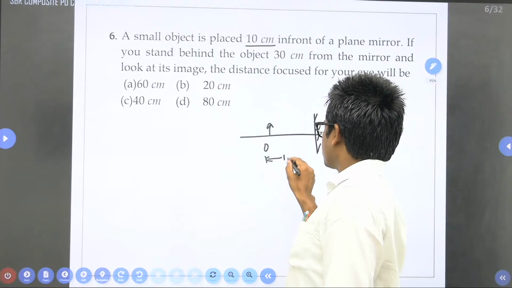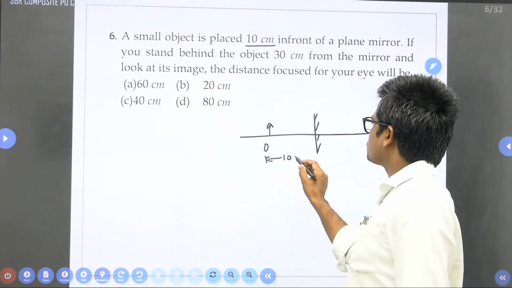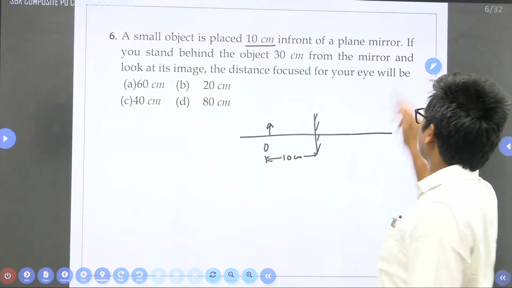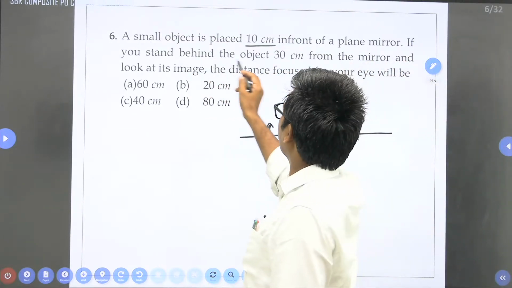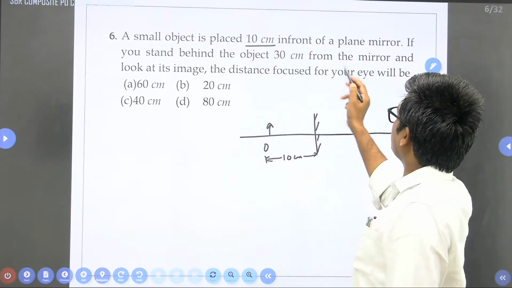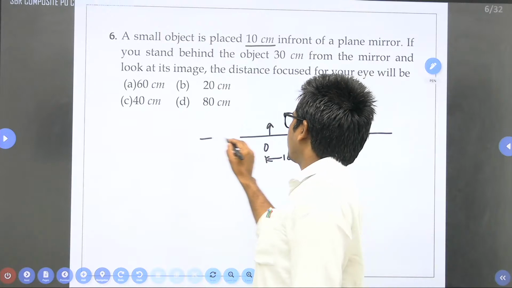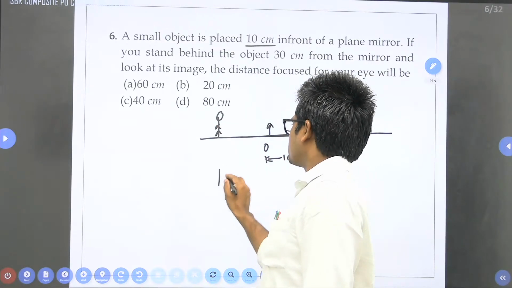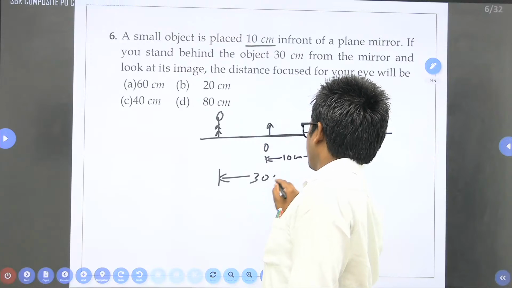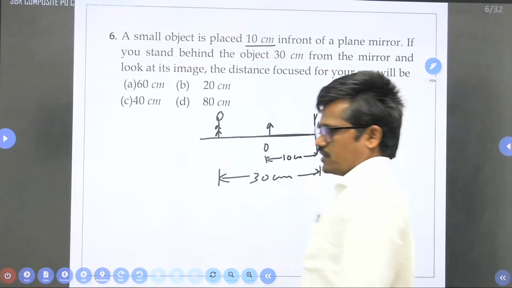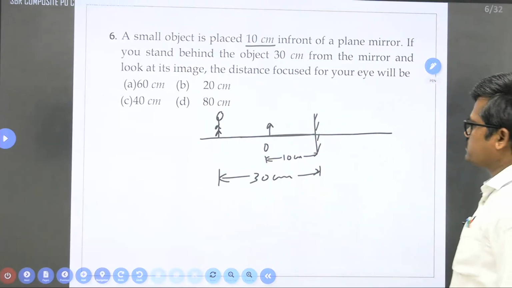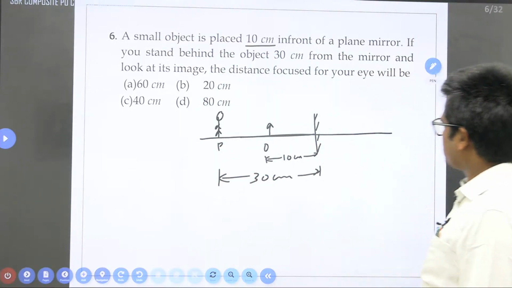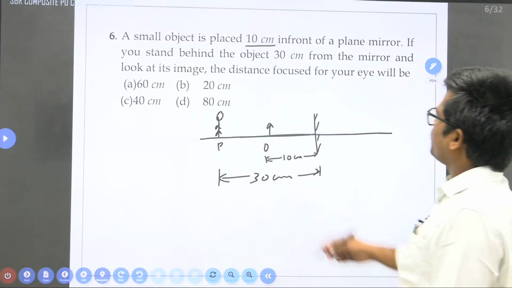How much distance away is the object placed here? 10 centimeter in front of the plane mirror. If you stand behind the object 30 centimeter from the mirror, okay, somewhere a person is standing. How much distance away from the mirror? 30 centimeter away from the mirror. Here a person is standing, 30 centimeter away from the mirror.